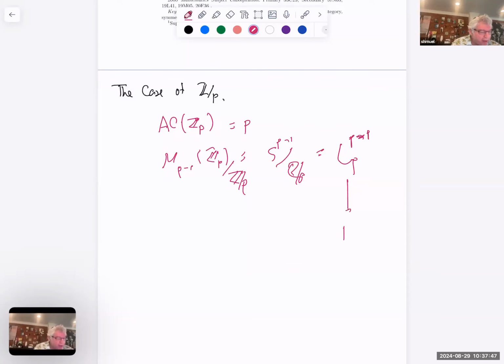So now you're asking, does there exist a section? And the answer is of course not, because, for example, the cohomology of BZ_P is non-zero above dimension P. So it just doesn't satisfy the cohomological conditions. It's a Borsuk-Ulam theorem, if you like.